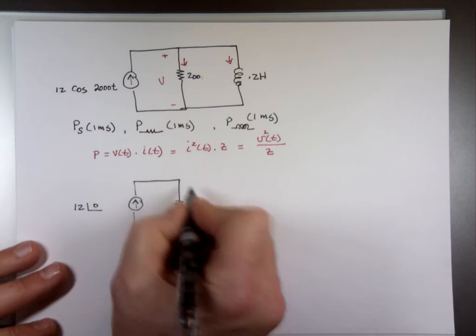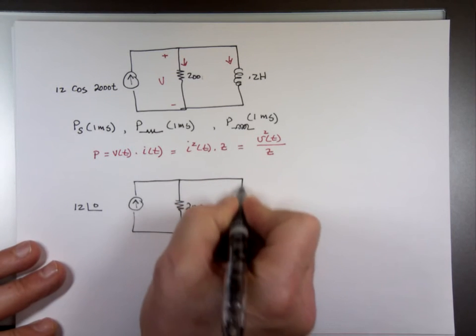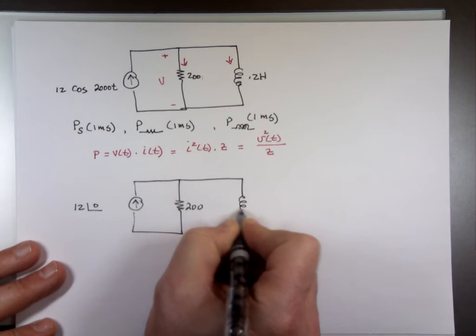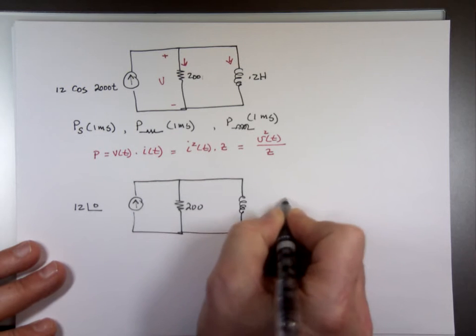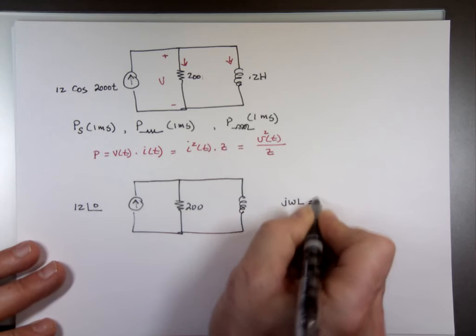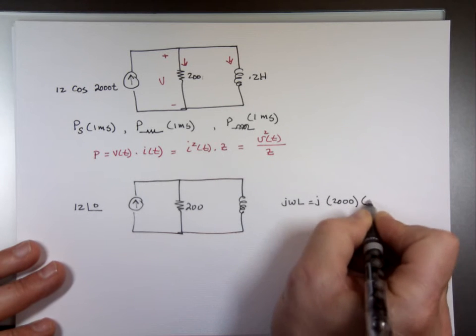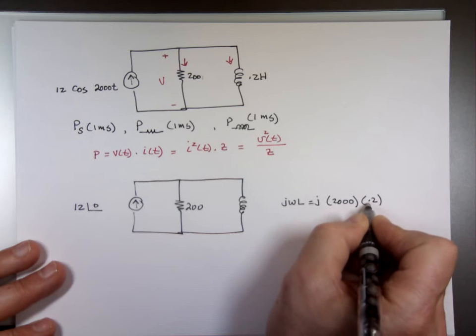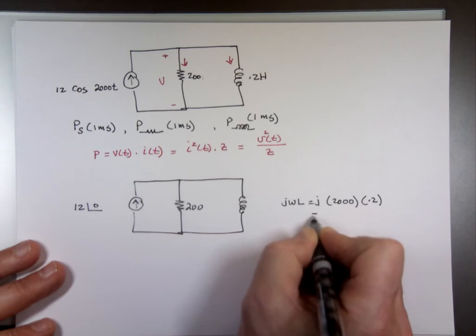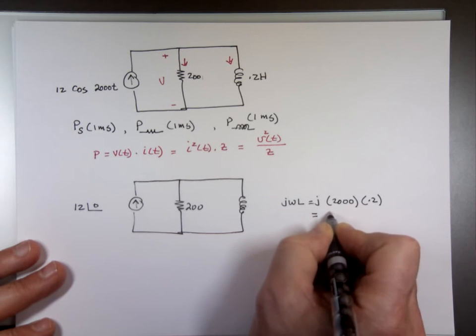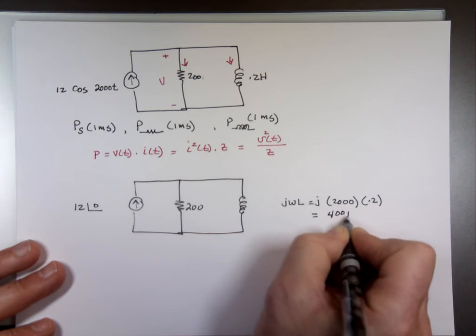And the inductor is j omega L. Omega is 2000 and L is 0.2. What's that? 400J.